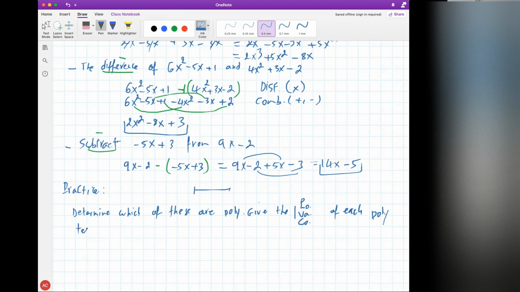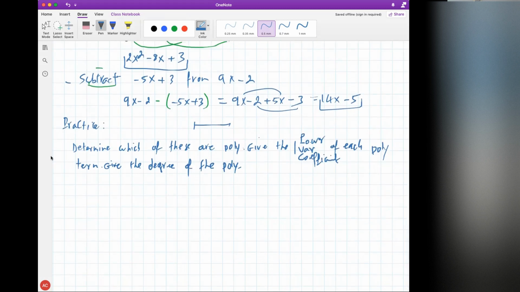If it's not a polynomial, we don't have to. Give the degree of the polynomial also. Give the power, variable, and coefficient.